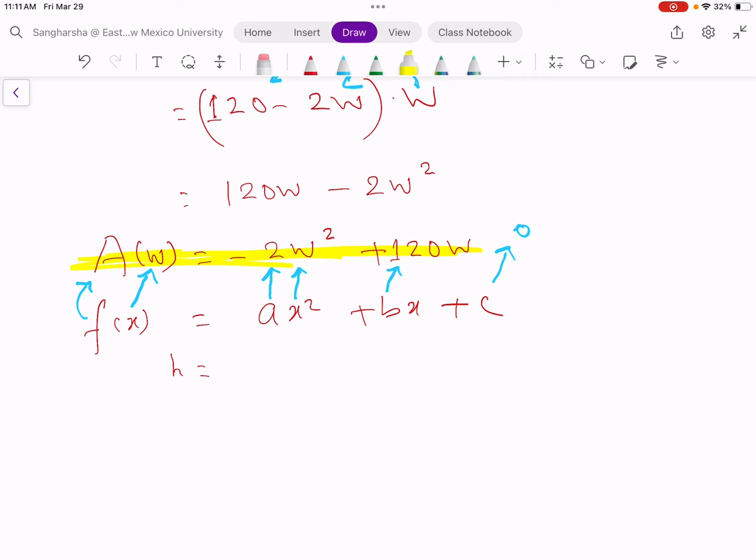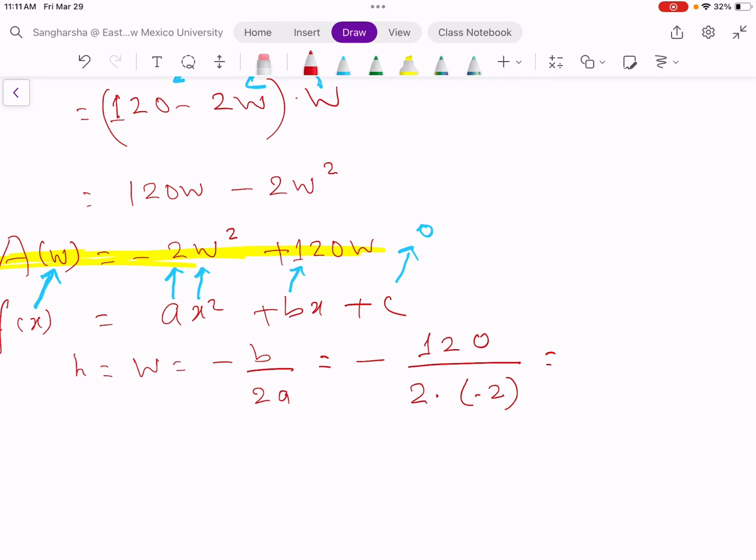Yes, it's W. If you compare here, instead of x we have W. Our h is the same as W, and this is negative b over 2a. This is the formula that you need to know. So we have negative as it is, our b is 120, divided by 2 times our a, which is negative 2. So we have negative 120 divided by negative 4, and that is 30. So 30 feet is our width.